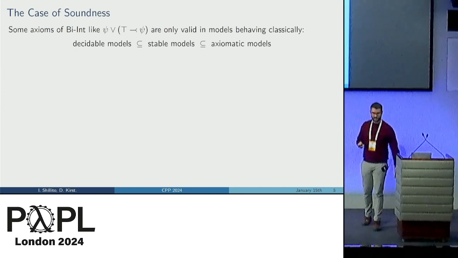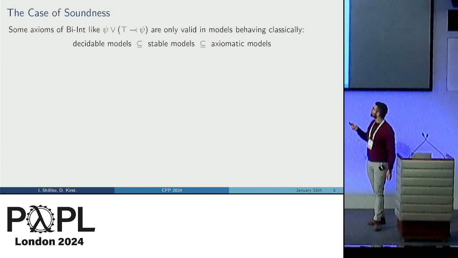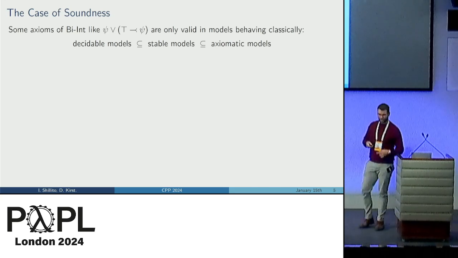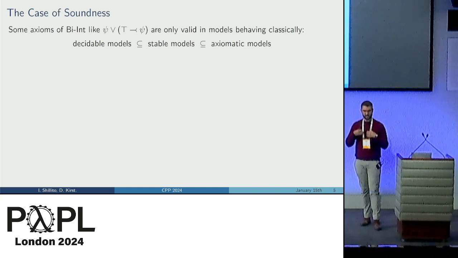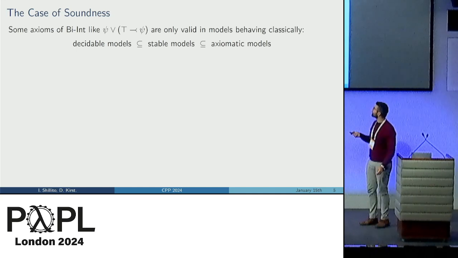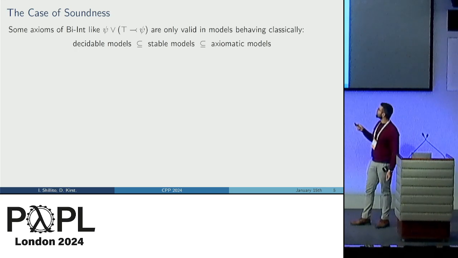Okay, so to give you a warm-up example, we first look at the case of soundness very quickly. If you look at soundness and remember that there is this axiom that looks a bit classical, you can get an idea that soundness might not work right out. Soundness is the property that every derivation in the syntactic system is valid semantically. And here what you need is, for instance, that you just look at models that satisfy this property.